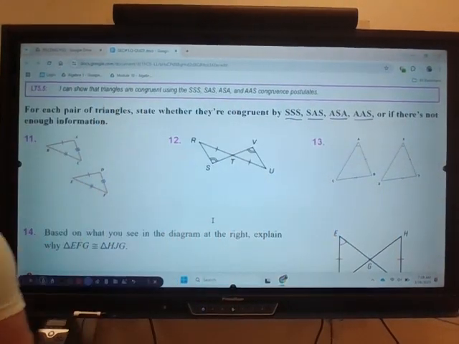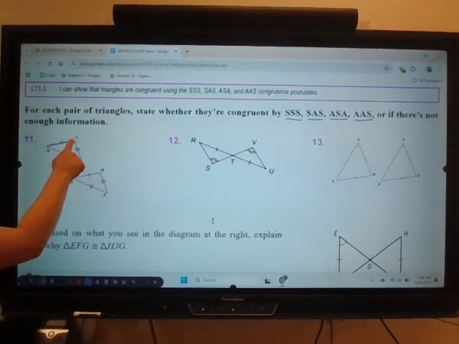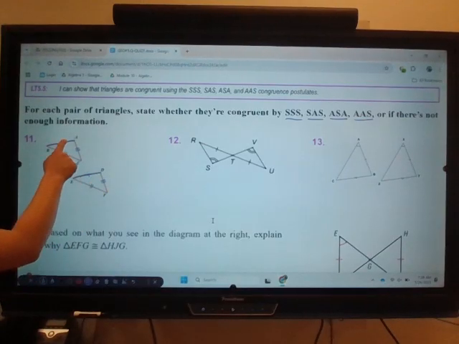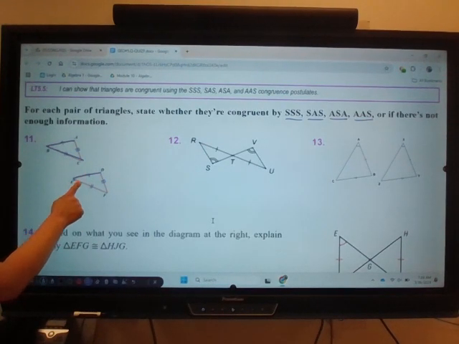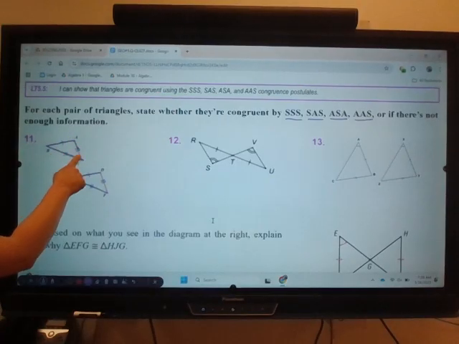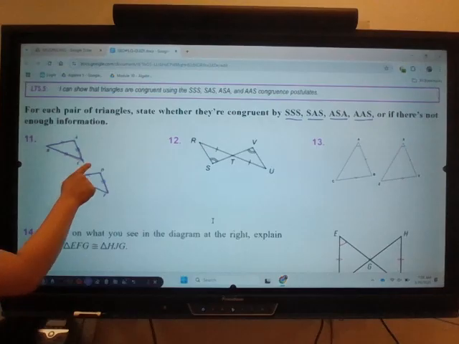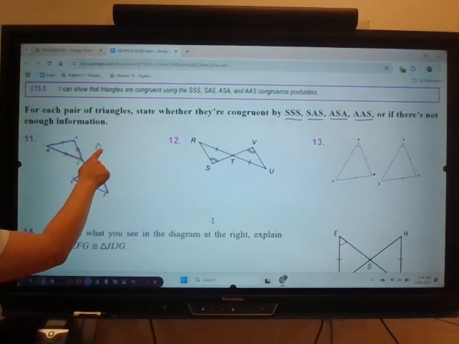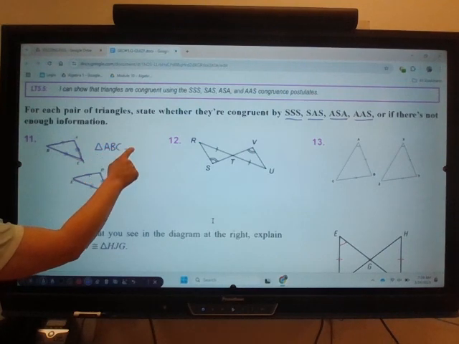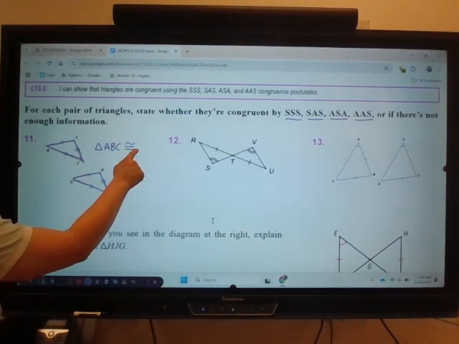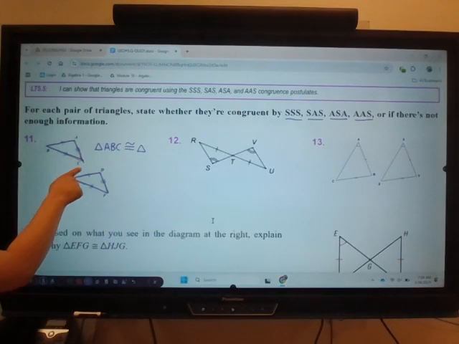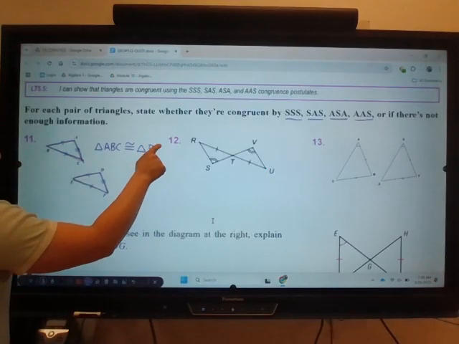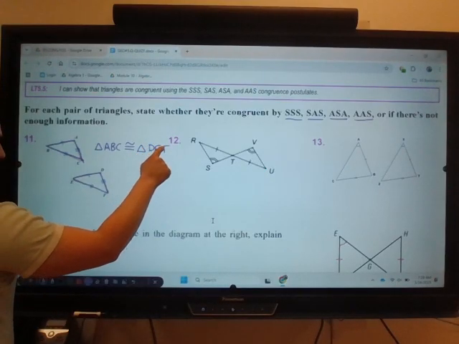So right off the bat, they gave us an easy one. We know that this side is congruent to this side, and this side with the 2 tick marks is congruent to that side. And we know that this side is congruent to this side with the 3 tick marks. Therefore, triangle ABC is congruent to triangle DEF.